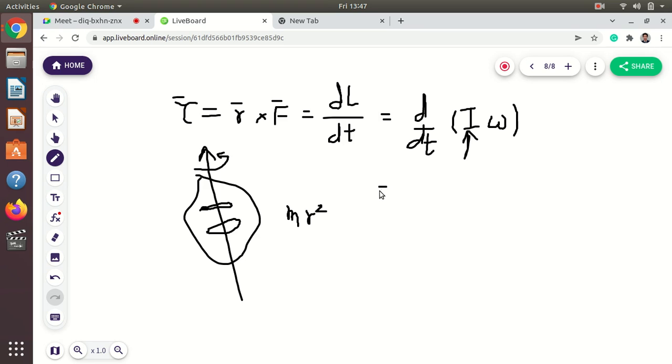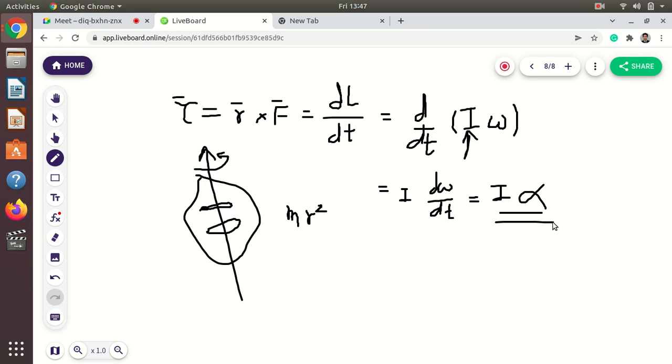So this is equal to I into d omega by dt, or we can write omega dot. What is the derivative of omega with respect to time? Alpha, the angular acceleration, right? So you can write I alpha. This is your definition for torque.